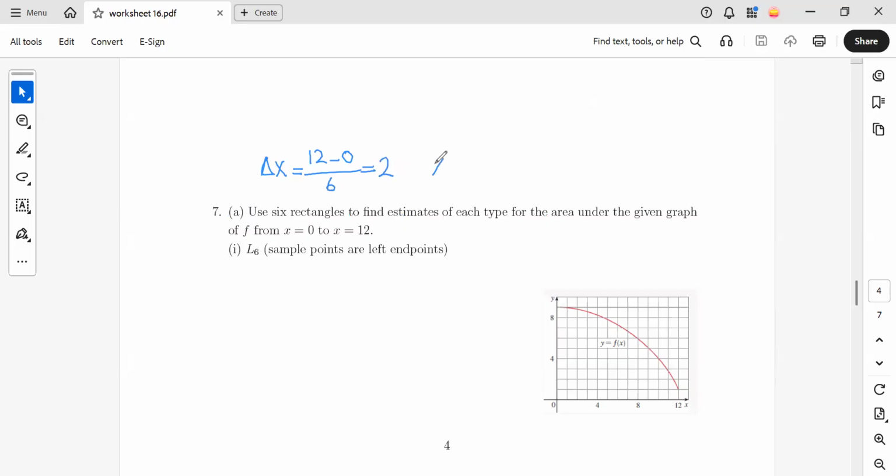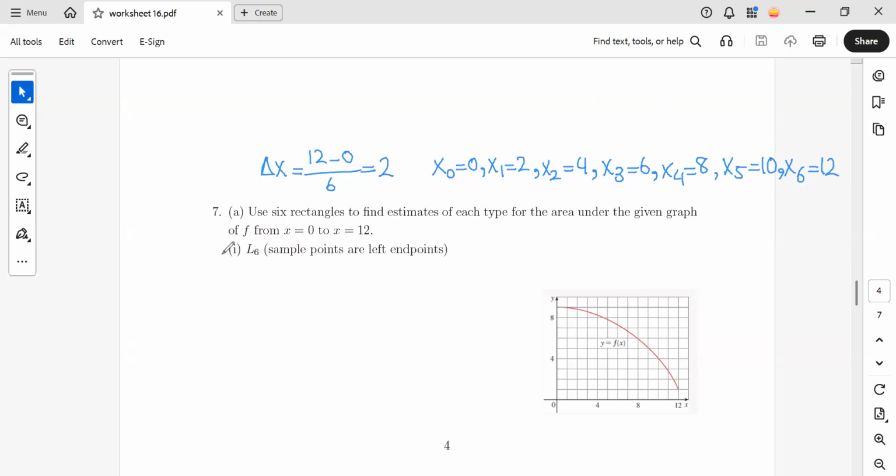And the points will start from 0 and then adding 2 to the previous one, adding 2 to the previous one. So x sub 3 will be 6, next one will be 8, next one will be 10, and the last one will be 12.